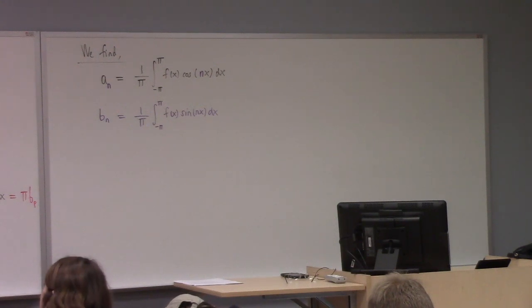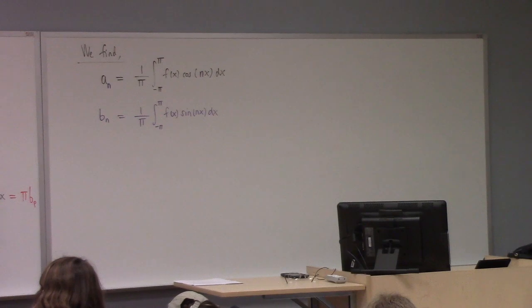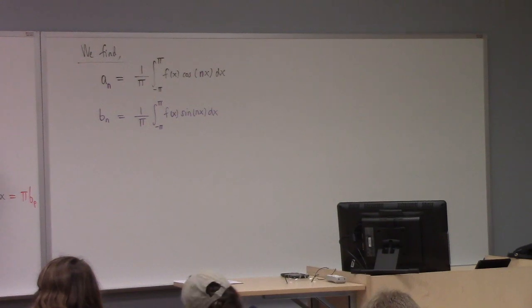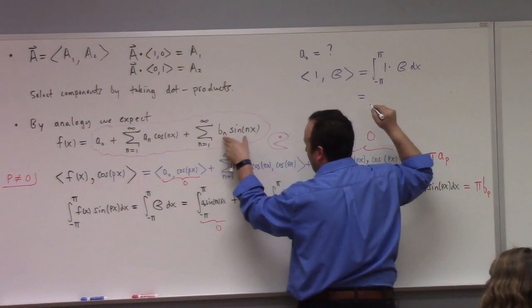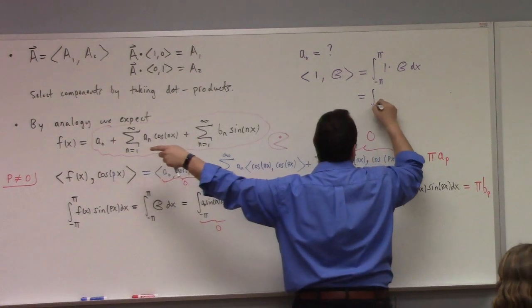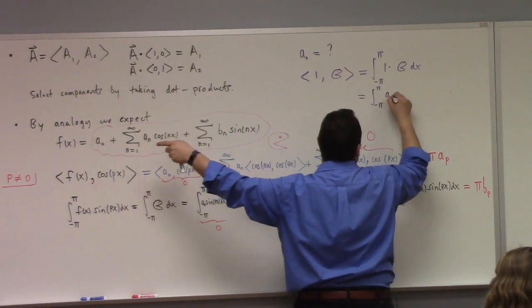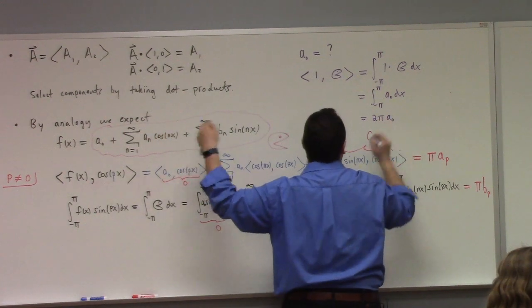So the cosine and sine pieces integrate to 0. My argument in short, I don't want to write it all out because I'm going to run out of time. We just have the integral from minus pi to pi of a sub 0 dx, which of course is 2 pi a sub 0.